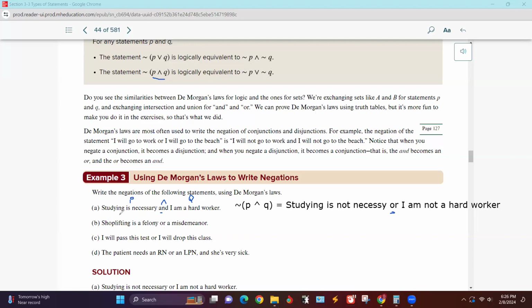All right, so this one right here would be P or Q now. So we're going to use this one here and we're going to negate the P. And we're going to negate the Q and we're going to change the or to an and right there.